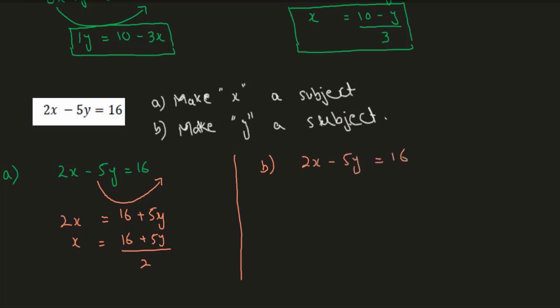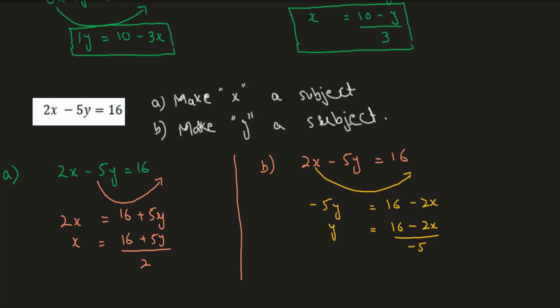What I can do is take 2x on the other side. When I take 2x on the other side, my equation would be minus 5y is equal to 16 minus 2x. Now I can take minus 5 on the other side, and it would get divided: y equals 16 minus 2x divided by minus 5.